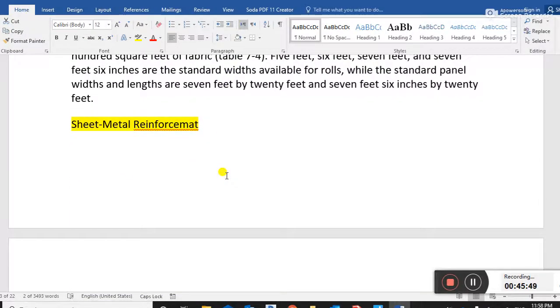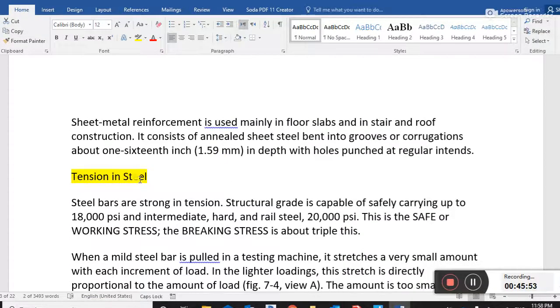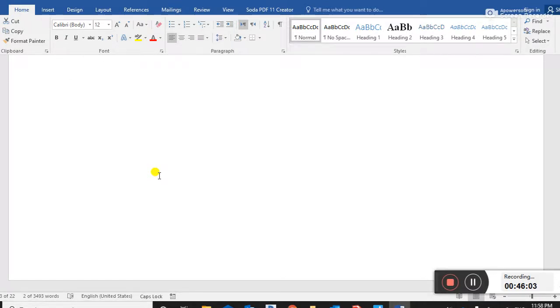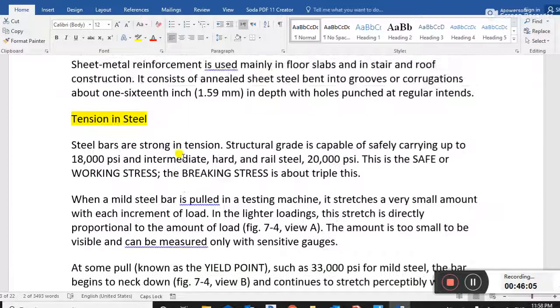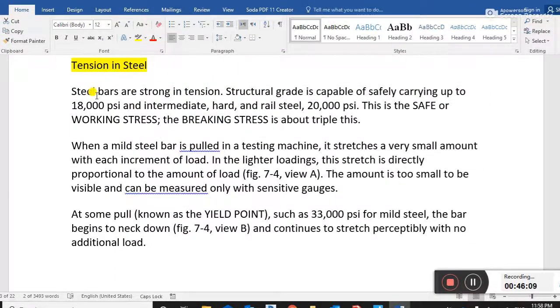Steel metal reinforcement. This we also discussed already, tension in steel. Guys, steel bars are strong in tension.